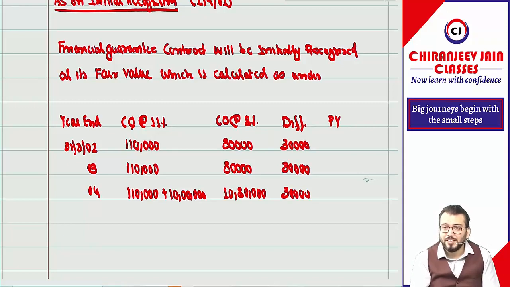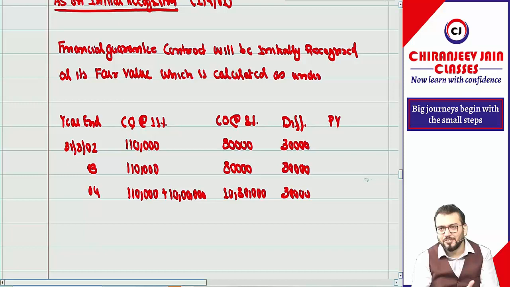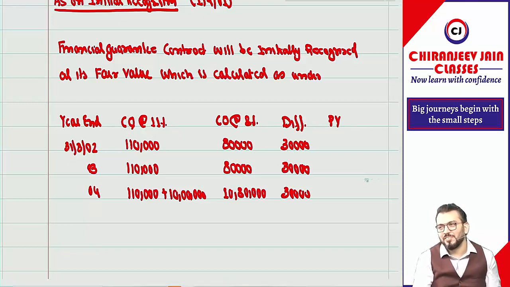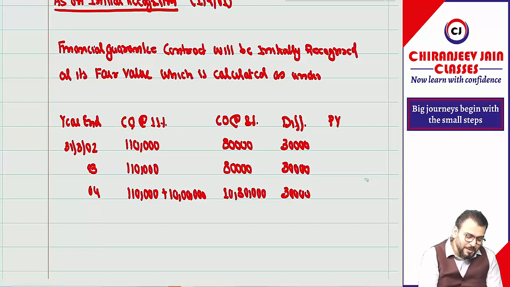Apply your common sense. Suppose we have not discussed in class, in exam you need to do. Either you will take 11% or 8%, but not the difference. It will be at 11%.